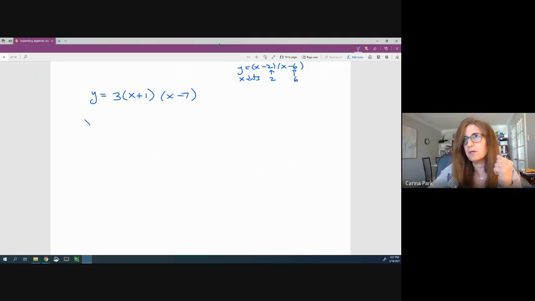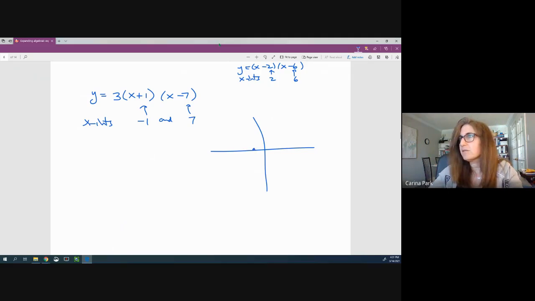That's why it looks like a 1. So the x-intercepts are -1 and +7. So I can take those x-intercepts and put them on the graph, one at -1 and one at +7. Okay, so I got 2 points already on the parabola, -1 and +7.